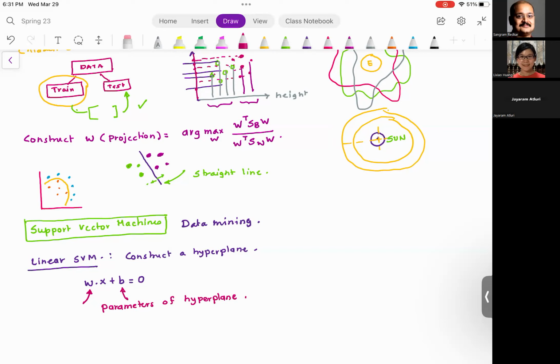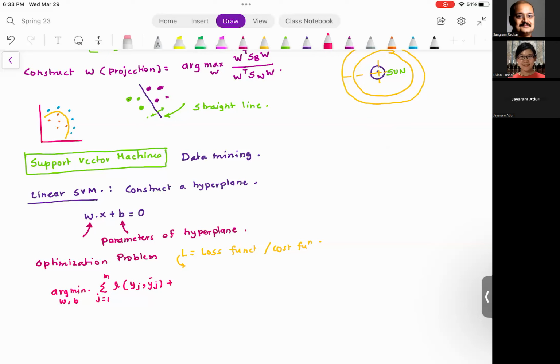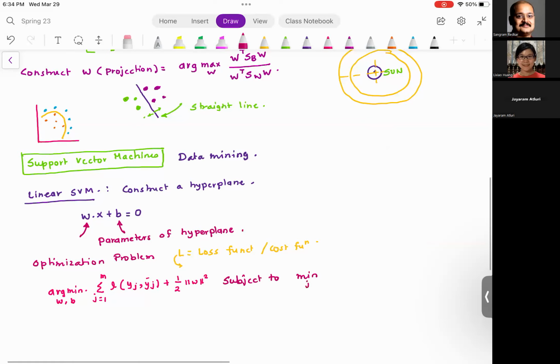So these are the two different data sets wherein you have some type of penalty or correction function, which is given over here, subject to the minimum over j of Xj W equal to 1.